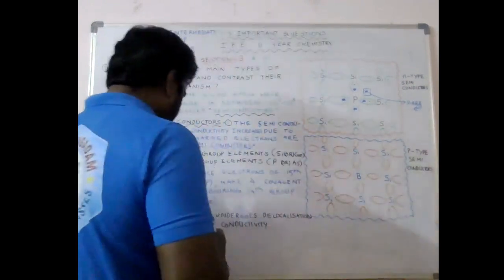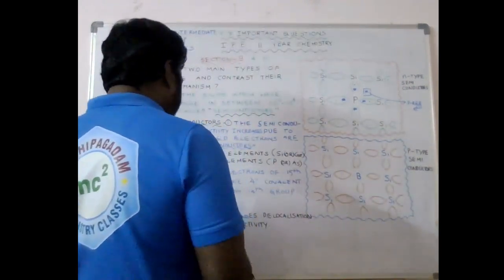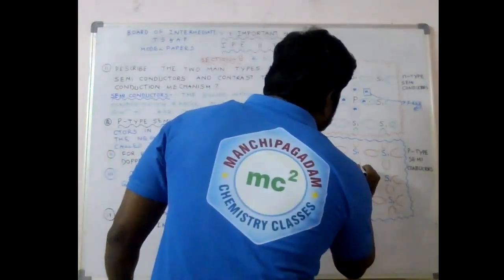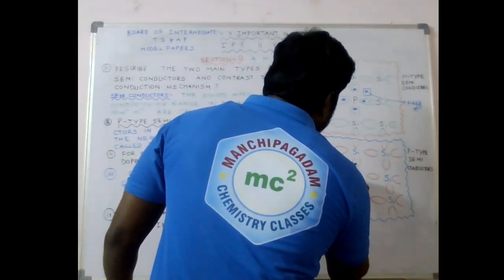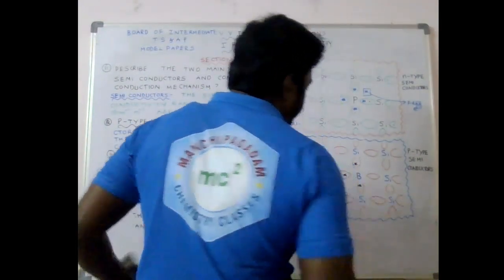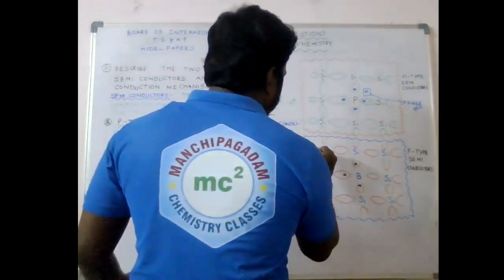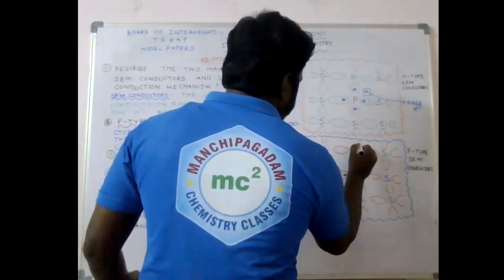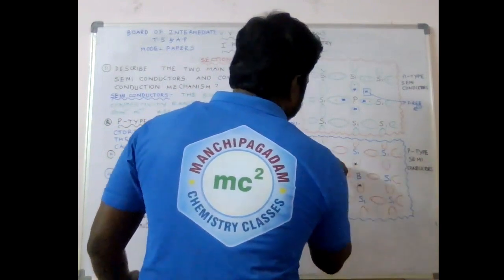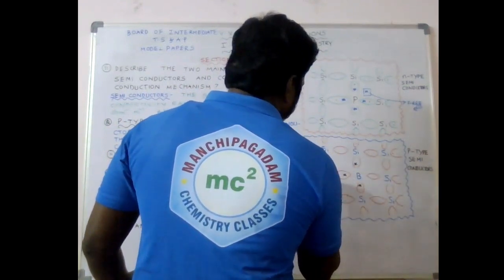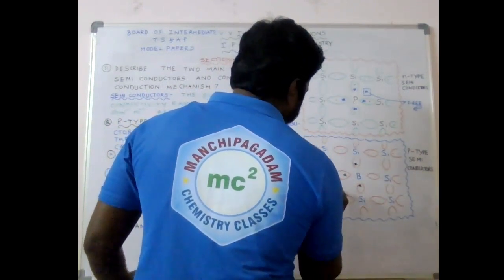Okay. So boron contains only 3 valence electrons. So here is 1 electron, here is 1 electron, and here is 1 electron. Okay. And all the silicons are having all the 4 electrons like this. Same as we discussed in the above structure. This is also same.